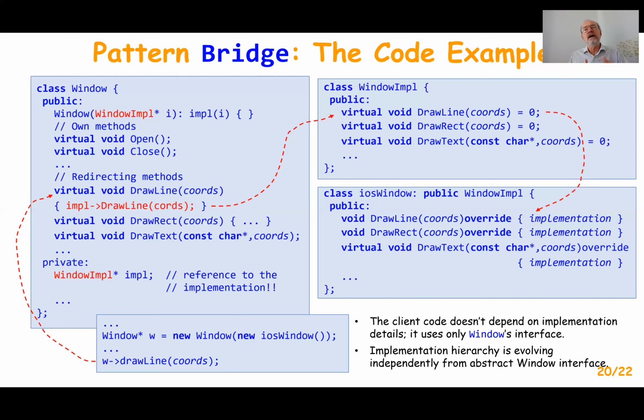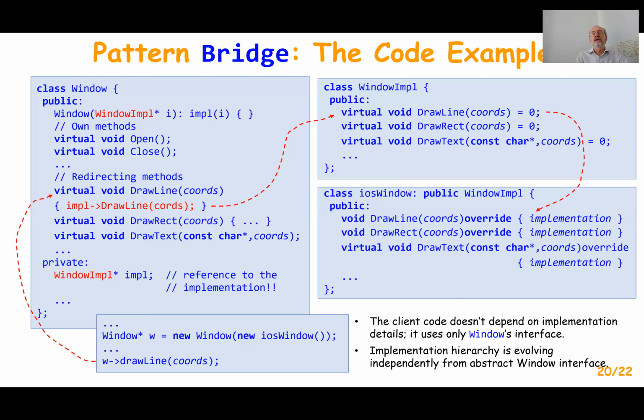Therefore, using the usual polymorphic paradigm, this call is redirected to the concrete iOS implementation of drawLine. So this is how the runtime system implements the client code.